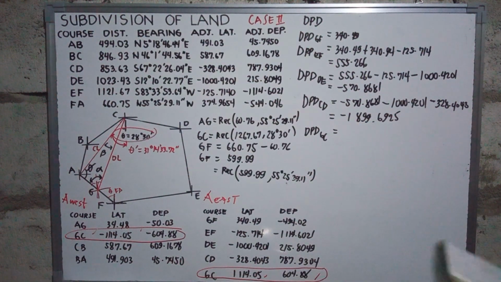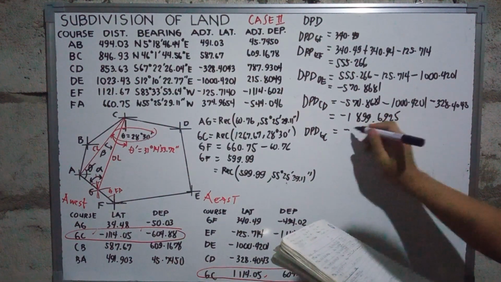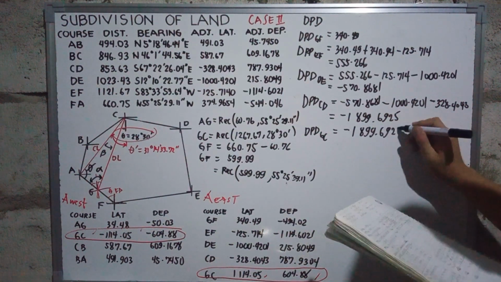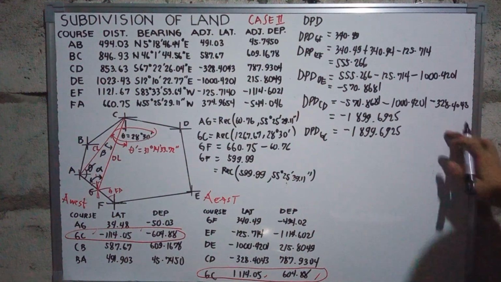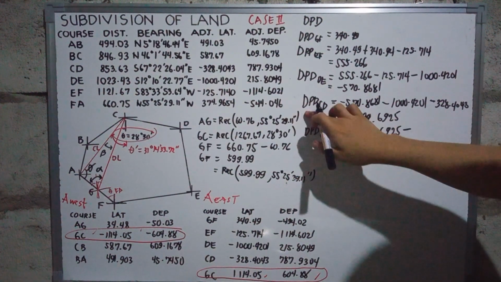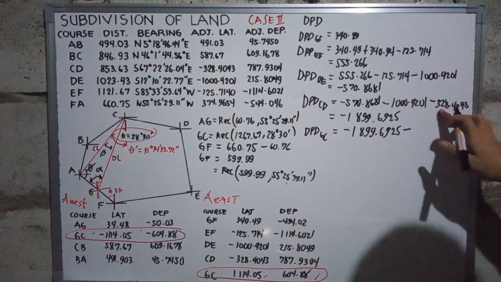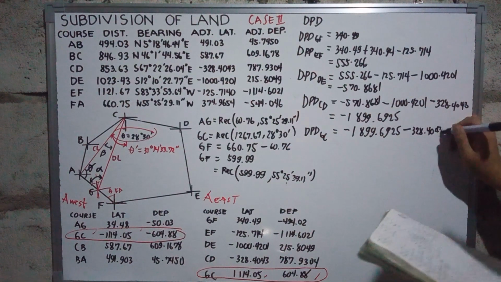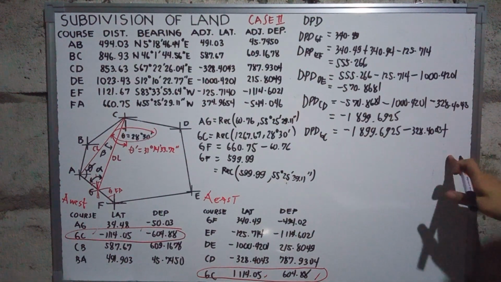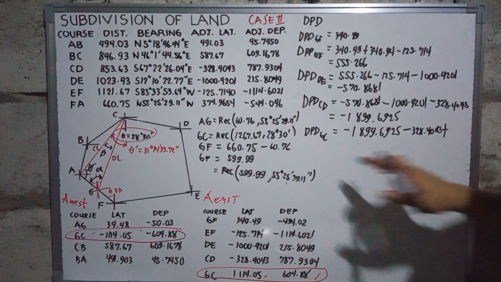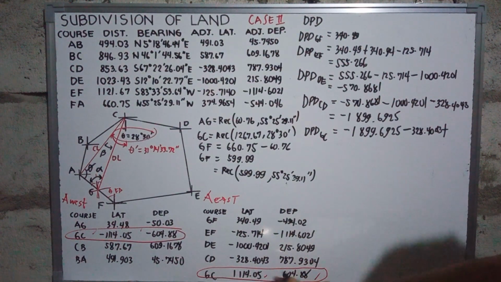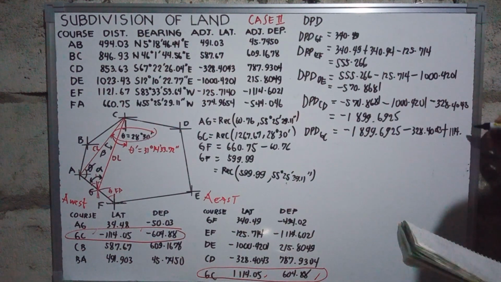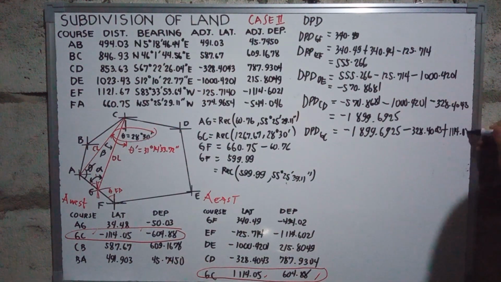Copy the DPD of CD, negative 1,899.6925, plus the latitude of GC, which is 1114.05.